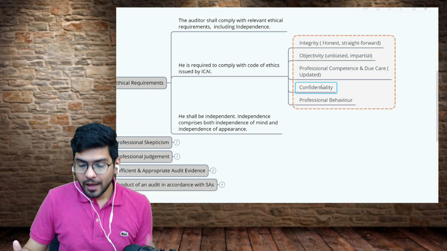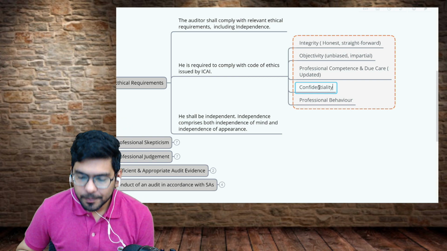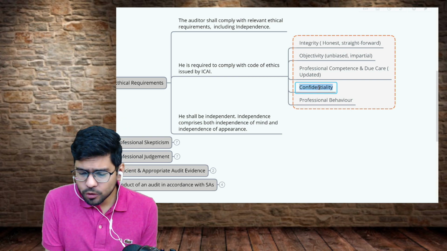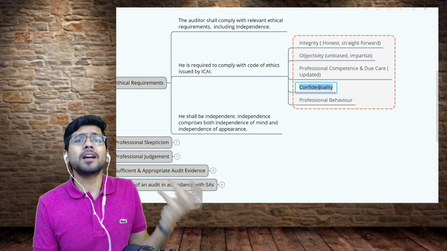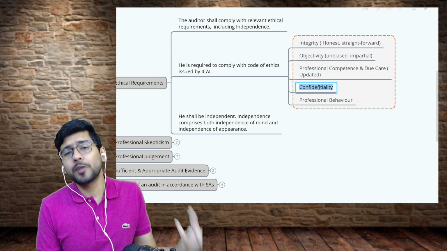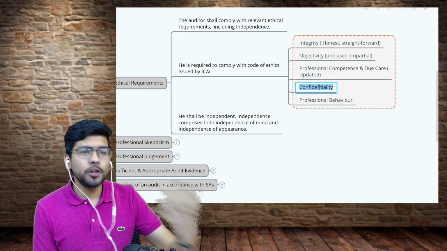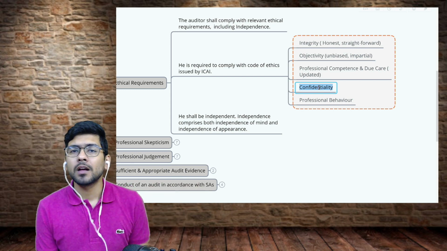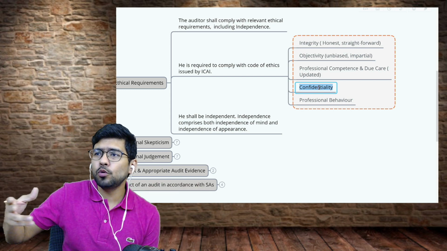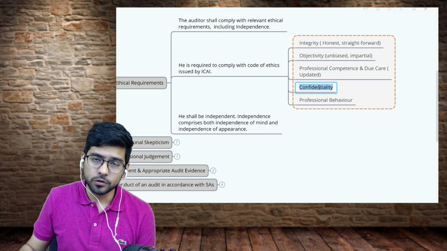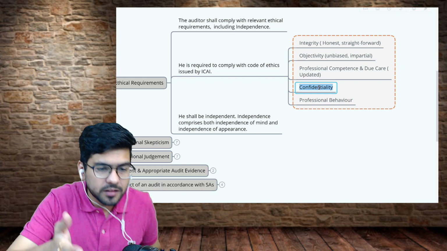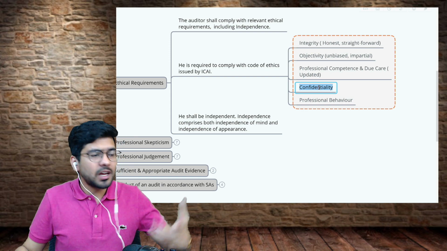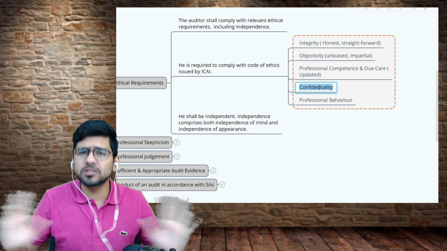Secondly, I can also disclose the information which I have obtained during the course of audit to third parties if my client permits. If the client expressly permits me, I can use that information. For example, I have been invited by ICI to speak upon, let's say, internal controls, and this client of mine, let's say Aparna, happens to have awesome internal controls.